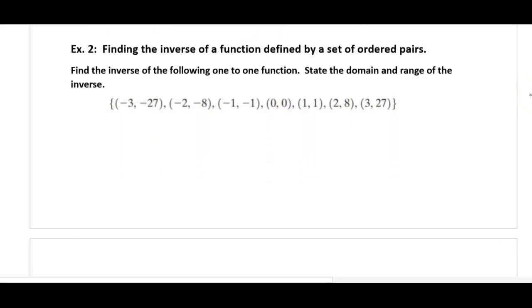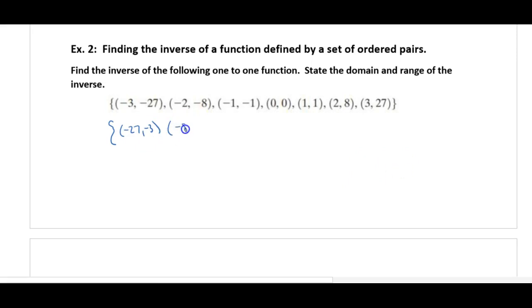Now, finding the inverse of a function defined by a set of ordered pairs. Once you look at your set of ordered pairs, again, all we're doing is flip-flopping the x and y here. So the new inverse would be flip these, and that becomes the ordered pair negative 27, negative 3.